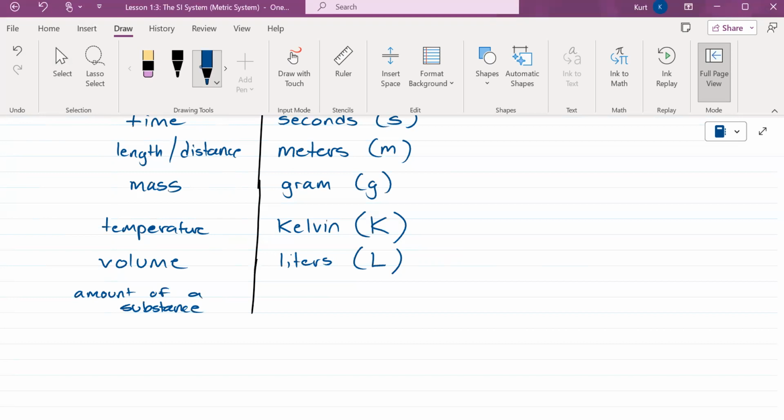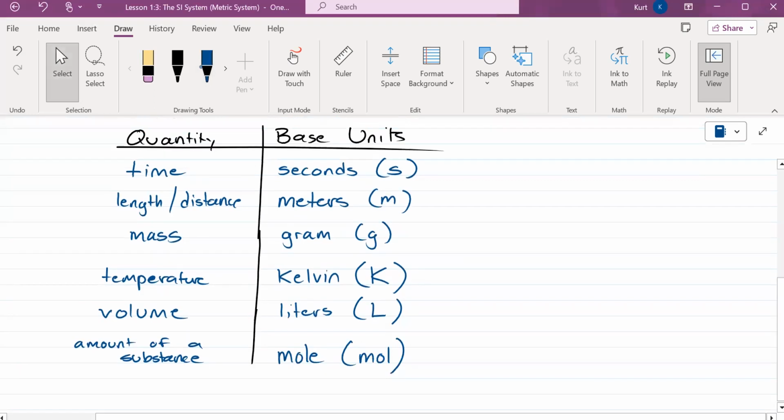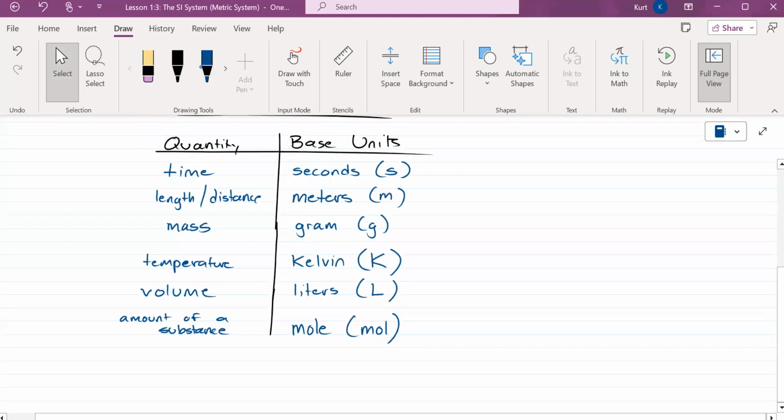It is moles. The abbreviation for mole is mol, without the E. Why don't you think we use M for mole? It's taken. You can't use the same symbol for different meanings.